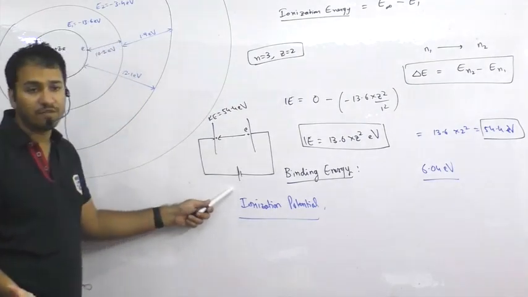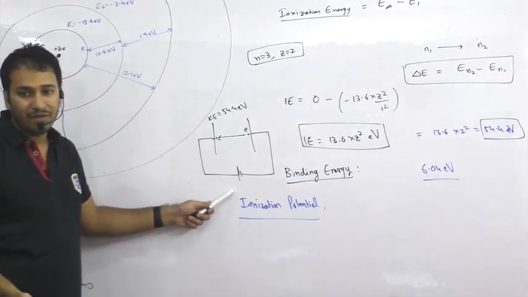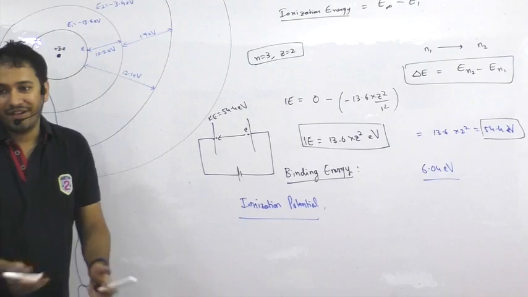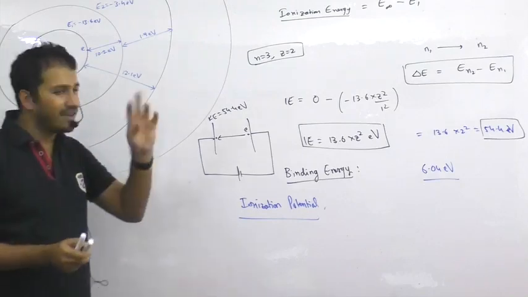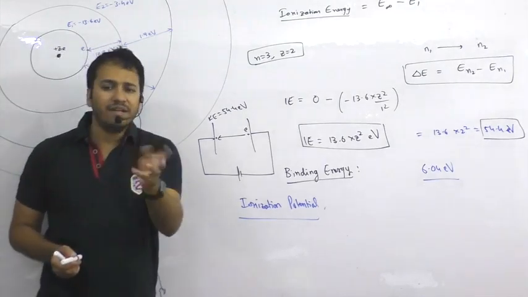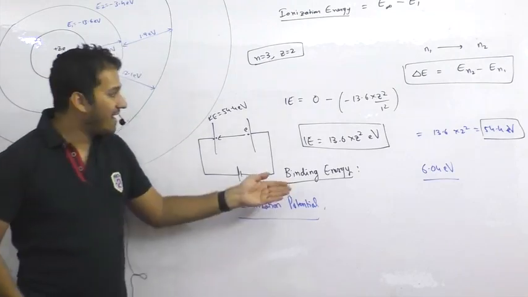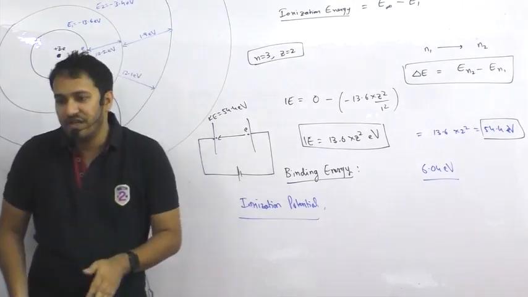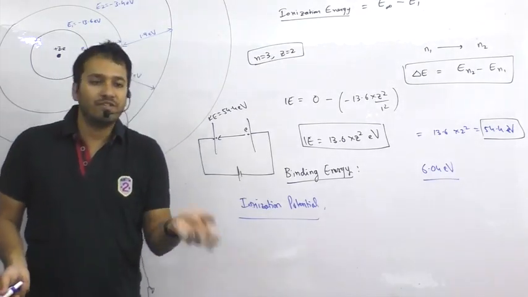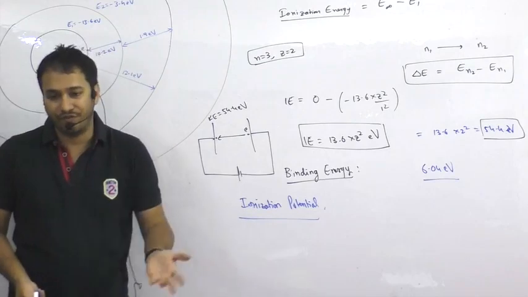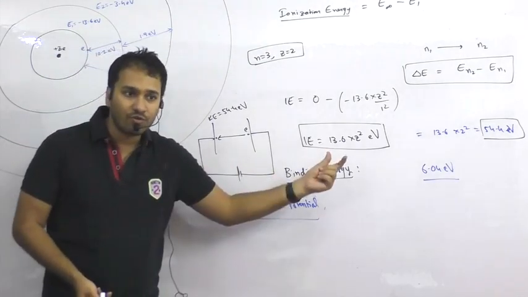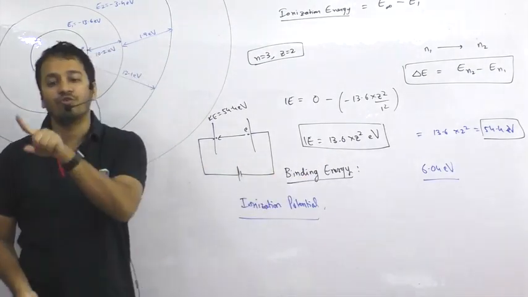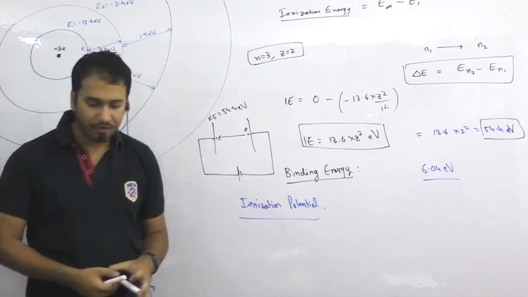What should be the potential of this battery? 54.4 volts, right? So whenever you see the term ionization energy and ionization potential, they are many times used interchangeably. If the ionization energy is 54.4 electron volts, then the ionization potential is 54.4 volts. Numerically the same value, just the unit is different. If it says energy, it will be electron volts, and if it says potential, it will be volts. That's all. Clear? All right.